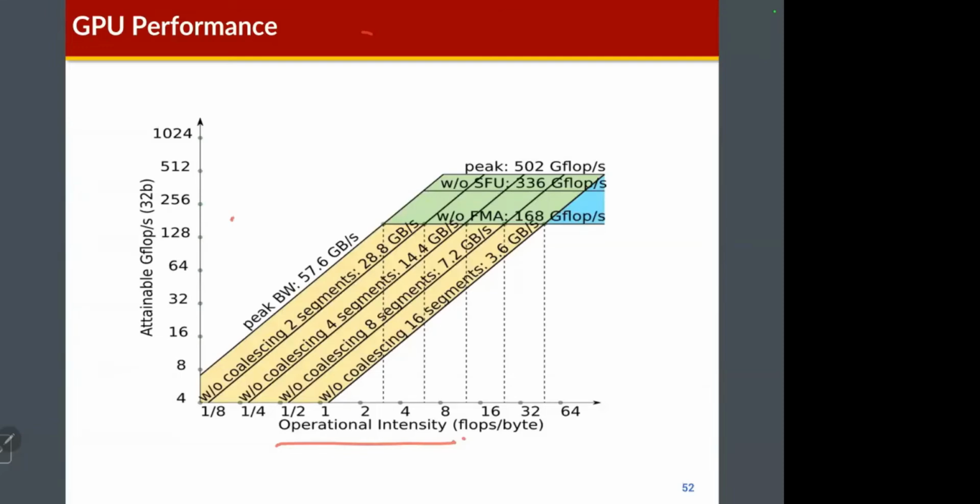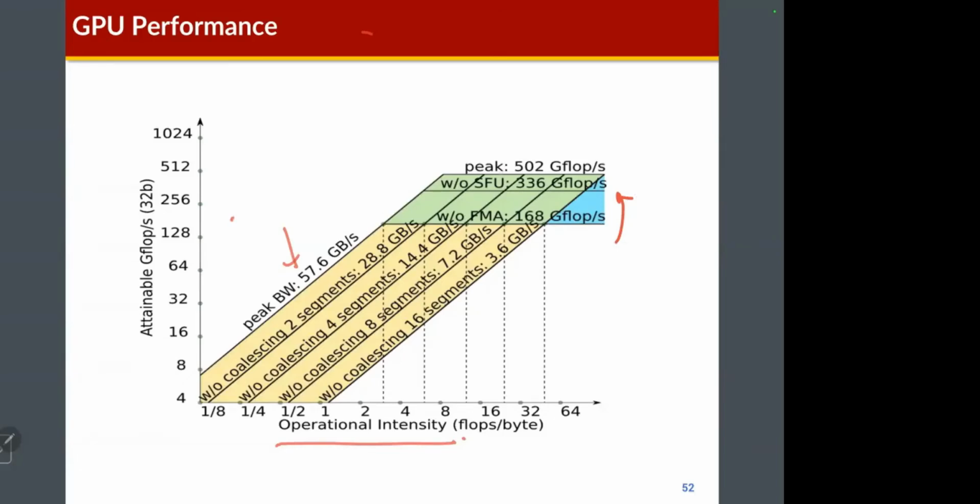Okay. So with memory balancing, we can also improve the performance of the GPU. Also, this horizontal line is determined by the computation cores of the GPU. So if we use more cores, then we can also increase this computation capability.